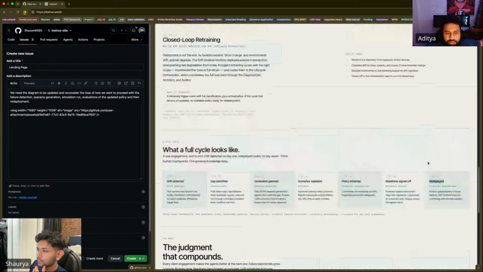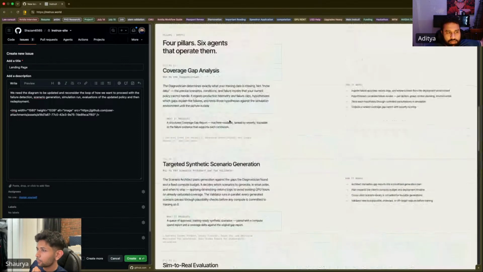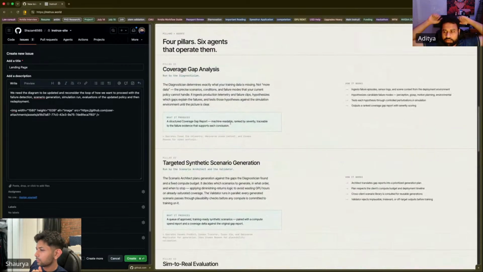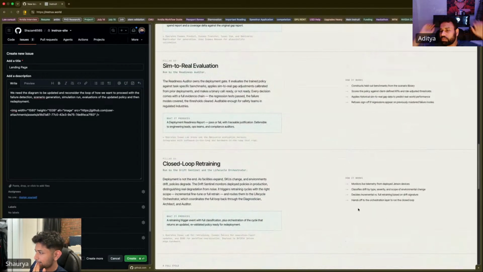So this is one cycle. And then we have these four pillars as well. I don't know for what. Scenario evaluation, closed loop retraining.